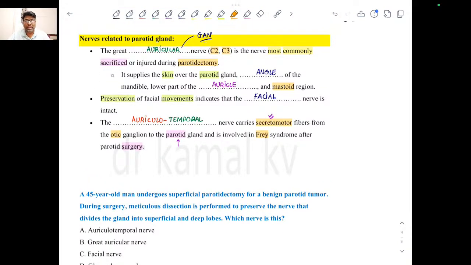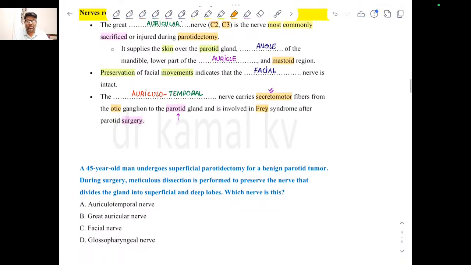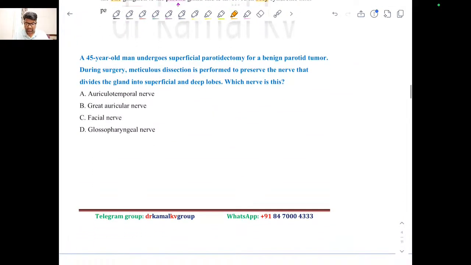One is the great auricular nerve, second is the facial nerve, third is the auriculotemporal nerve. So if there is any question related to nerves around the parotid gland, you have to choose your answer from these three depending on the clinical presentation given in the question. Okay. So with this background, we can take the practice questions.